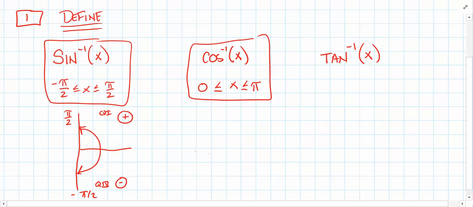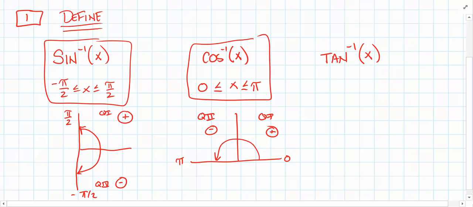Okay? So the picture that goes with the inverse cosine looks like this. 0 to pi. My angle lives somewhere in quadrant number 1 or in quadrant number 2. Cool thing about it is that in quadrant 1, inverse cosines are positive, and in quadrant number 2 is where inverse cosines are negative.